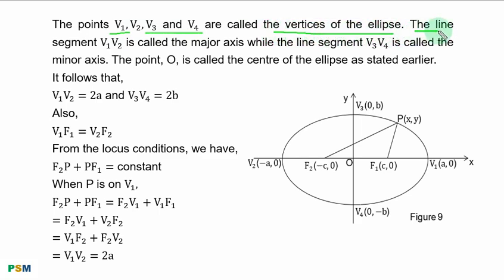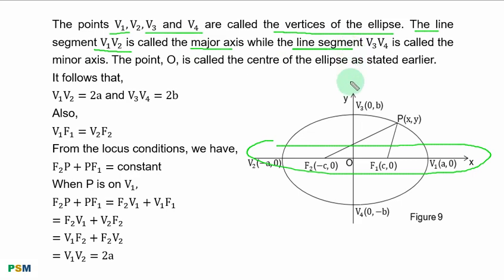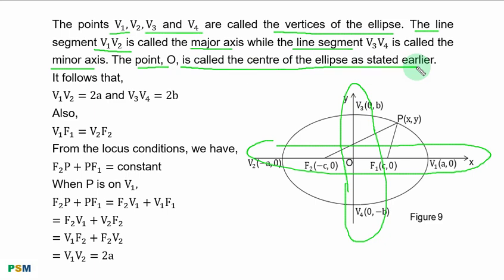The line segment V1V2 is called the major axis, while the line segment V3V4 is called the minor axis. The point O is called the center of the ellipse as stated earlier.